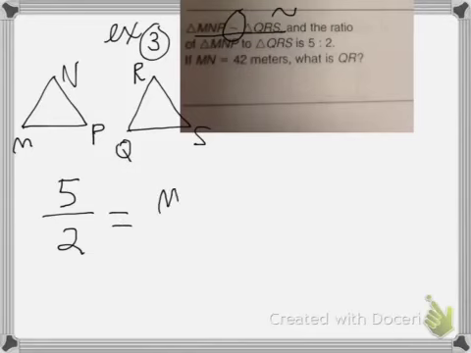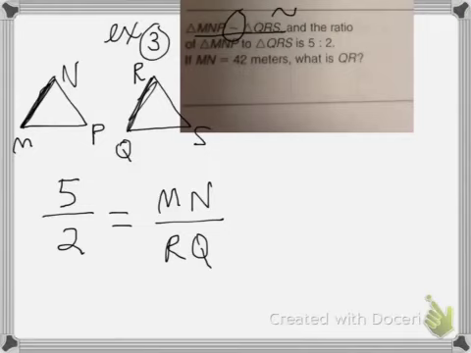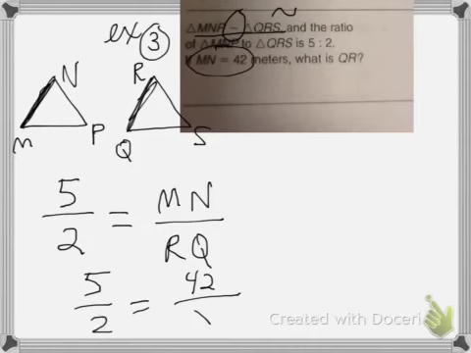So 5 goes with MNP and 2 goes with QRS. MN has to match that ratio. What side goes with MN in the other triangle? RQ. So I'm going to set 5/2 equal to the given, which is 42, over X or RQ, you can call it whatever you want.